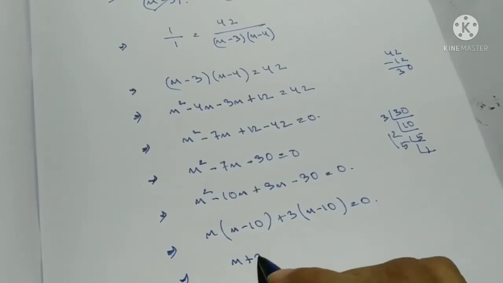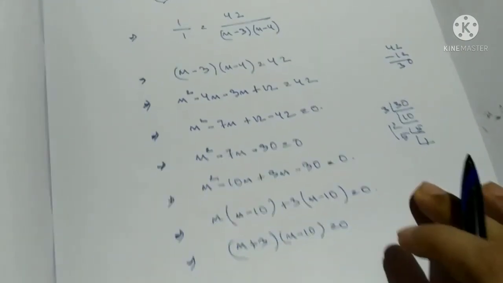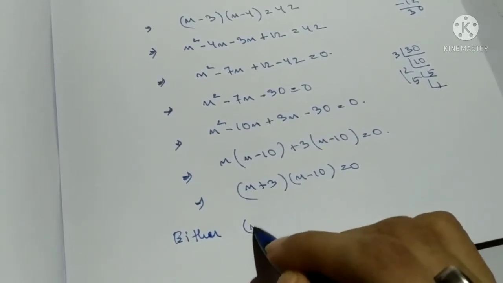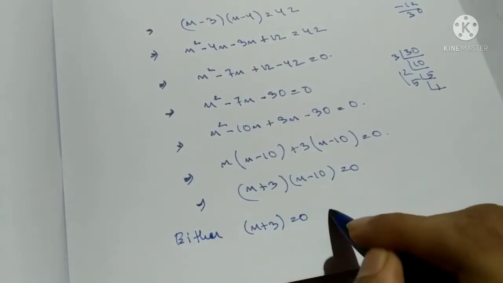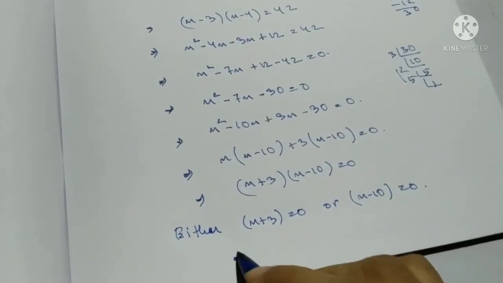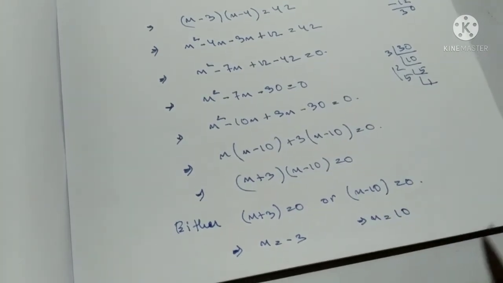So this is (n plus 3) into (n minus 10) equals 0. So in here, either n plus 3 equals 0 or n minus 10 equals 0. So n equals minus 3, n equals 10.